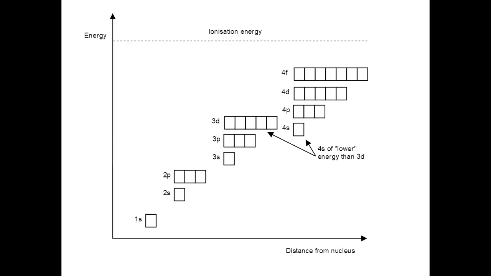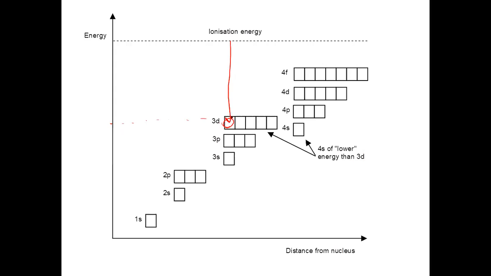So what is ionization energy? Ionization energy is the energy needed to remove an electron from a certain sublevel, right? So for example, if I've got an electron here that needs to be removed, it needs to have this amount of energy to be removed. But at the moment, this is the amount of energy that this electron has. So this is how much it has already, but it needs to be here to be removed.